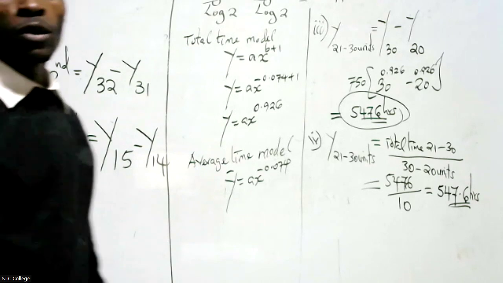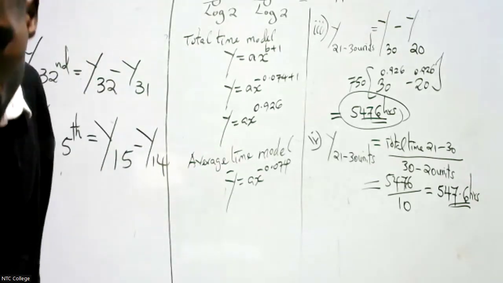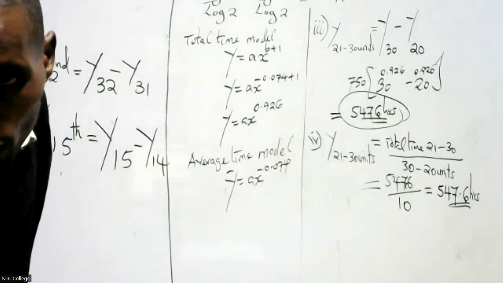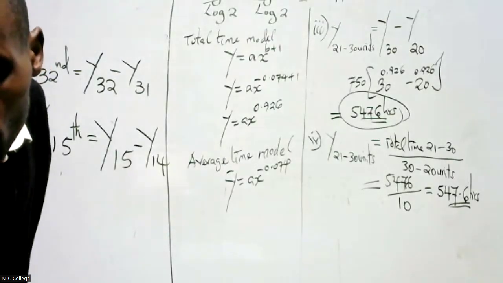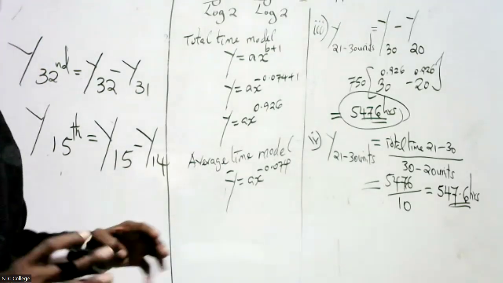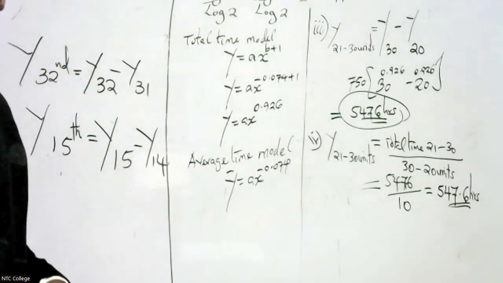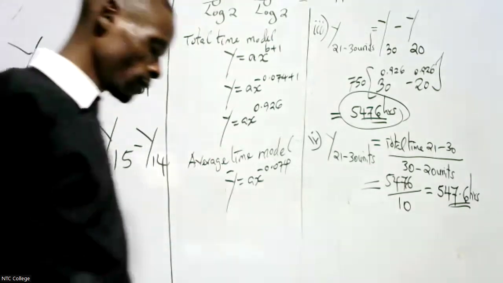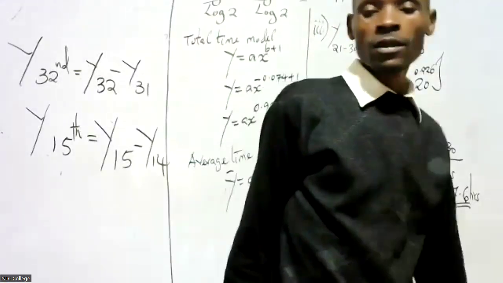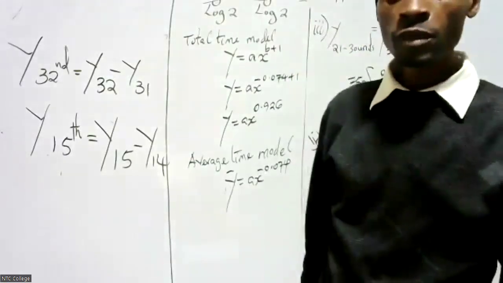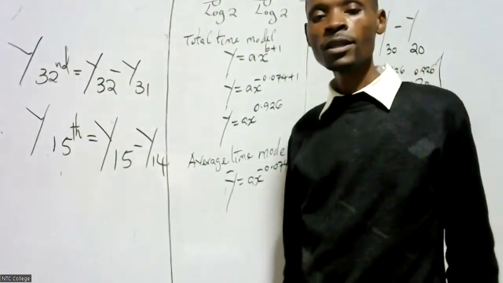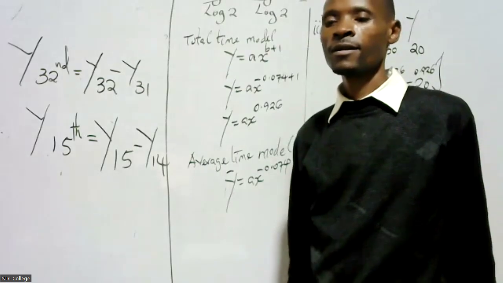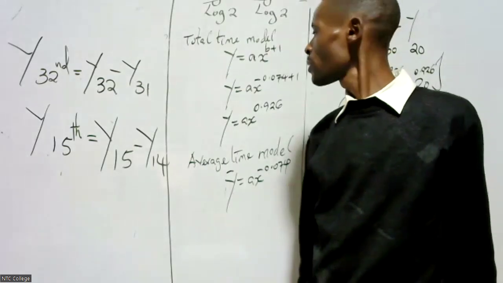Hope I'm clear. Carol and the company, is that okay? To get the 32nd, you take 32 units in total, you less 31 units in total, so that you can get the 32nd. Chat me if that concept is clear.